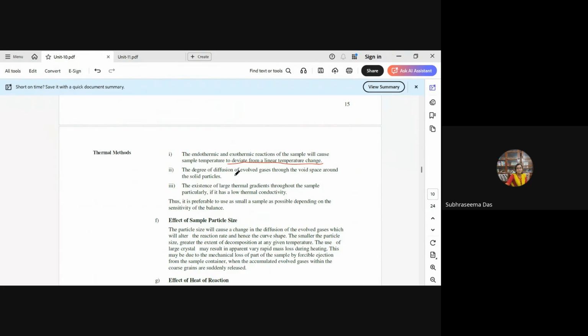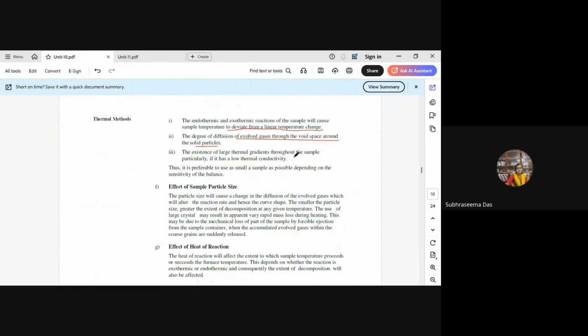The degree of diffusion of the evolved gases through the void space around the solid particles will also affect the nature of the TG curve. Then there is the existence of large thermal gradients through the sample. If our sample has a low thermal conductivity, then definitely the nature of the TG curve will be hampered, because overall the TG measures the mass loss versus the temperature.